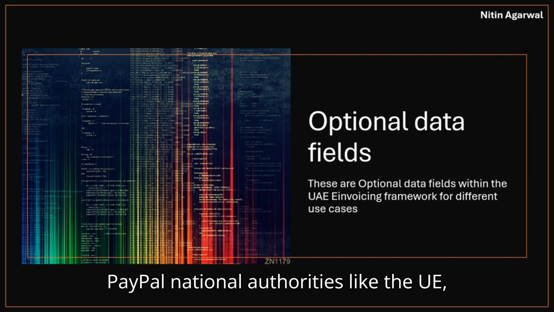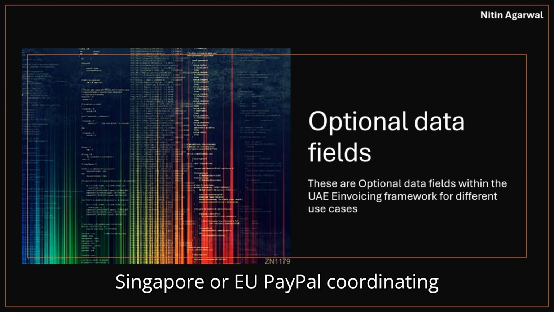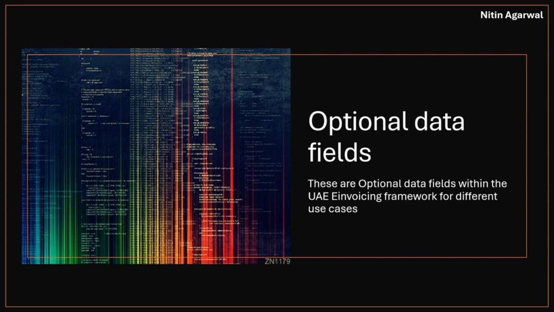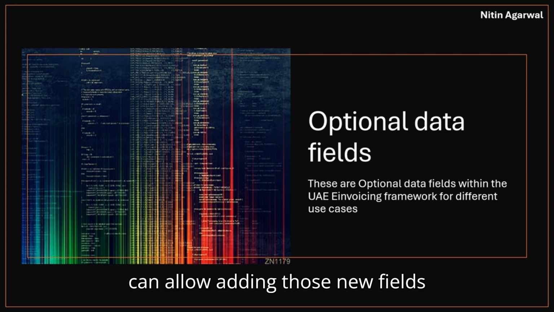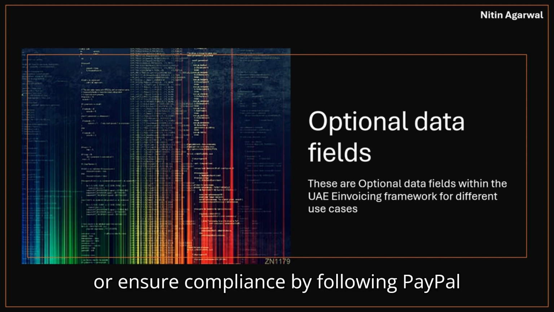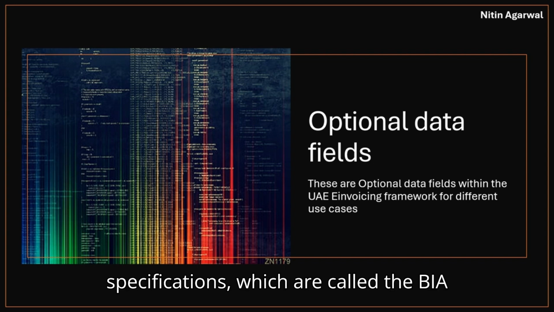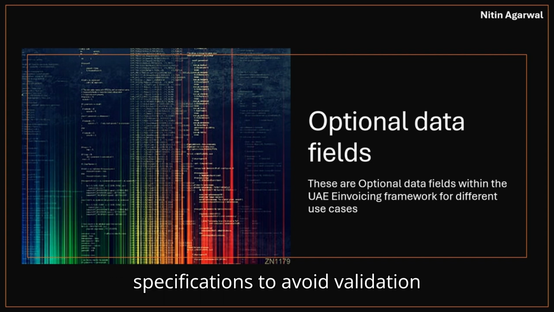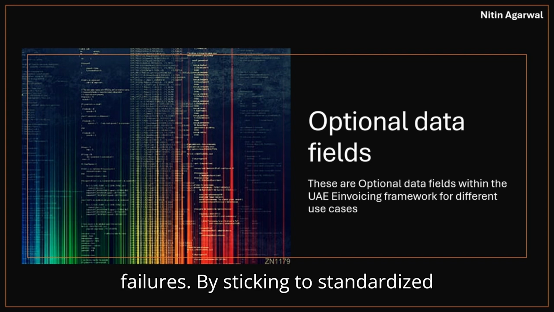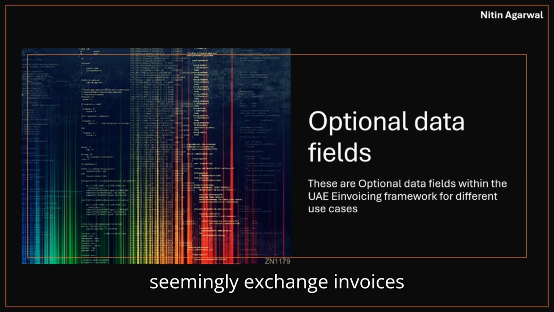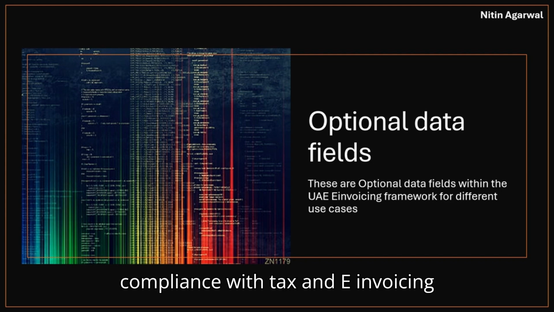Work with Peppol national authorities like the UAE, Singapore, or EU Peppol coordinating bodies to see if the national extensions can allow adding those new fields, or ensure compliance by following Peppol business or interoperability specifications, which are called the BIS specifications, to avoid validation failures. By sticking to standardized Peppol data fields, businesses can seamlessly exchange invoices across countries while ensuring compliance with tax and e-invoicing regulations.